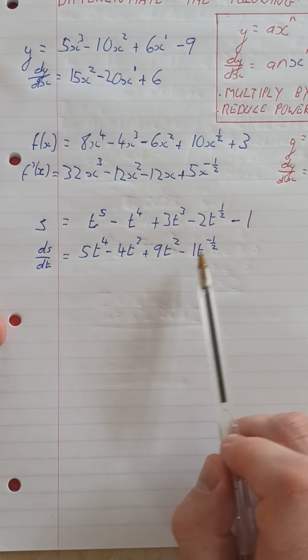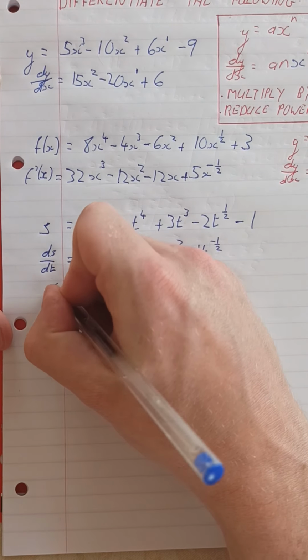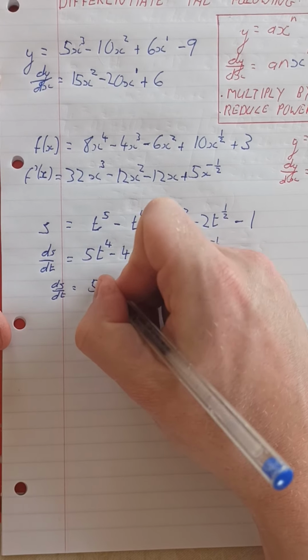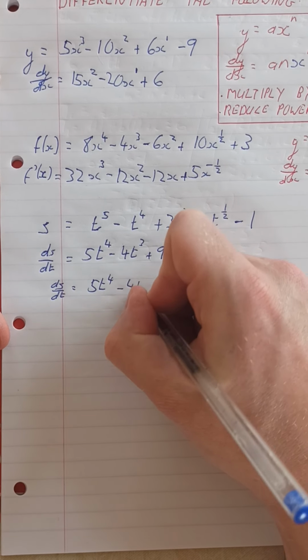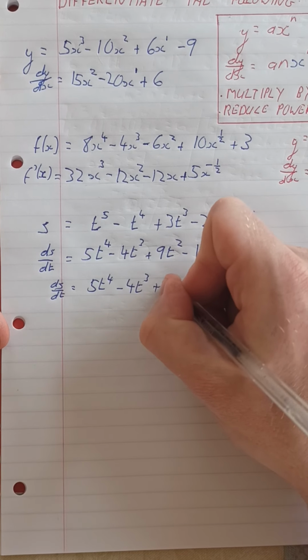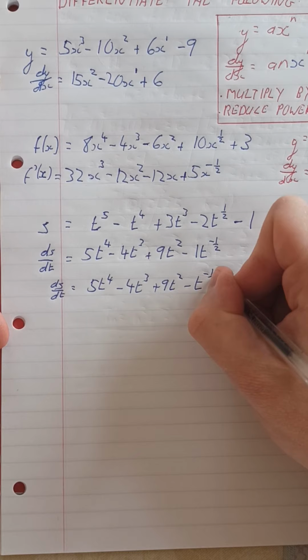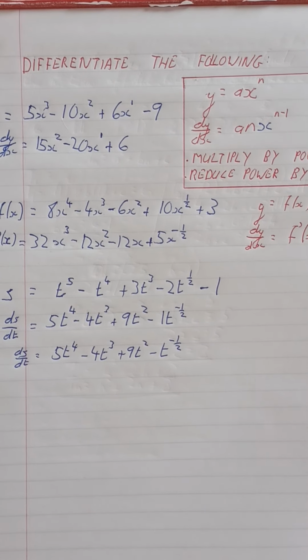So just to clean that up a bit, I'm going to get rid of that minus 1. So ds dt is equal to 5t to the power of 4. So all the rest of the equation is the exact same. Minus t now to the power of minus a half. And that is the basics of differentiation.